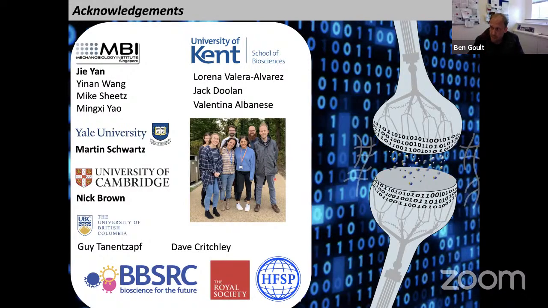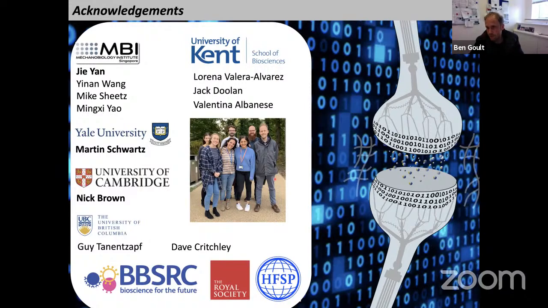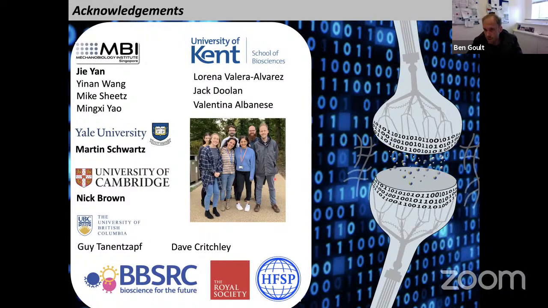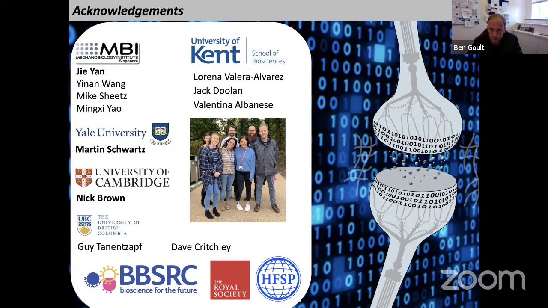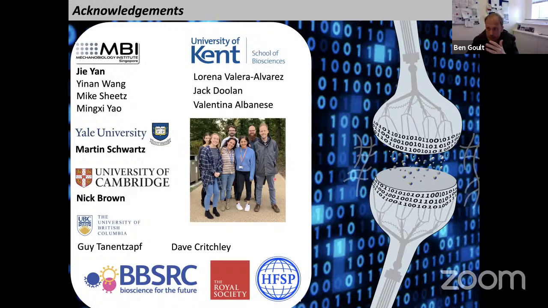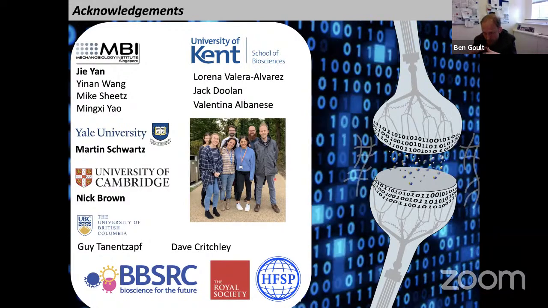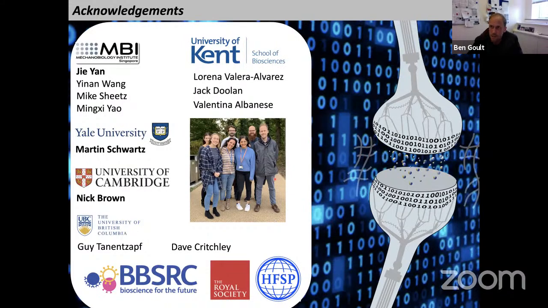Where it gets stiffer would be an easy way to imagine how that could lead to disruption or dysfunction of this, like in Alzheimer's, maybe the matrix gets stiffer, or there's some clogging up of it. So yes, I'd say the softness is an advantage. It was for a long time thought to be a disadvantage for mechanical transduction, but if you imagine it as a discrete mechanical unit, then yes, I think it's an advantage.